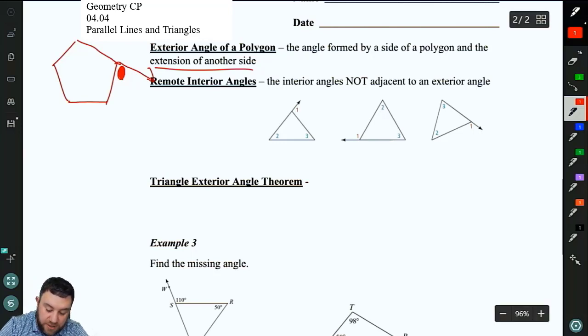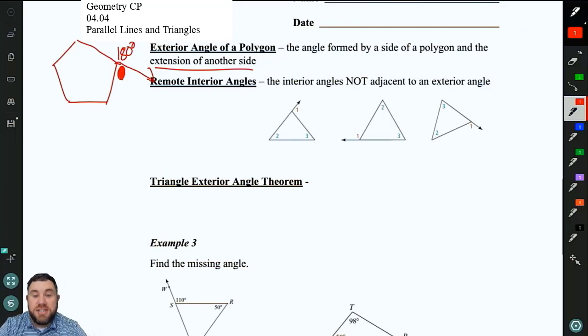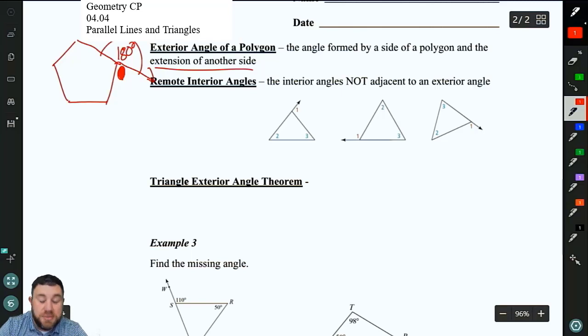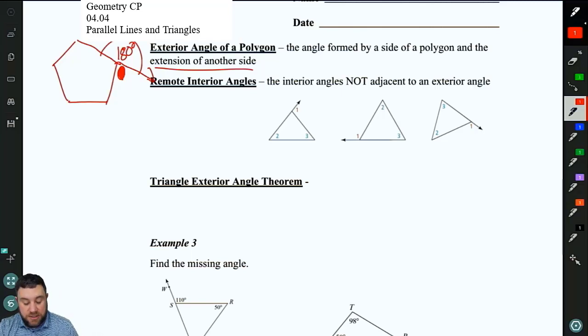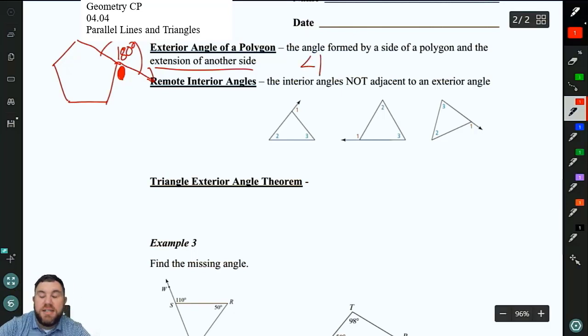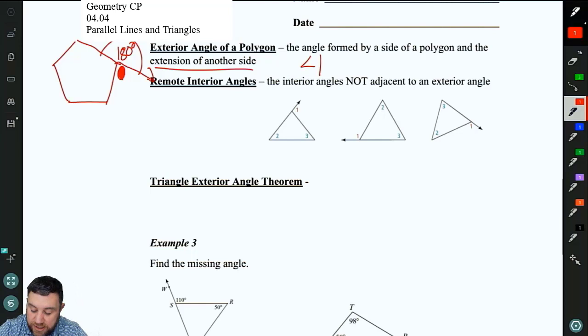Here we have a 180 degree angle, not the smaller, but it's going to be the one that's not 180. So we've got a straight angle there, so it's going to be the other angle on the outside. That's the exterior angle. In these three pictures, angle 1 is shown as our exterior angle.